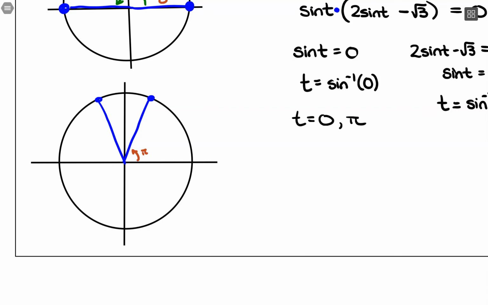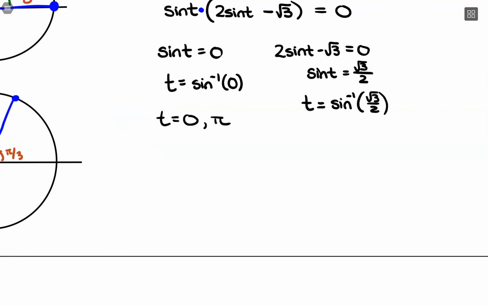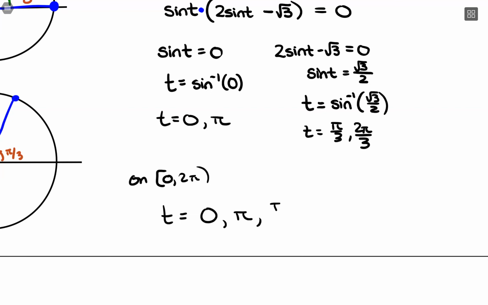So we have a pi over 3 and 2 pi over 3. All right, so t equals pi over 3 or 2 pi over 3. So on 0 to 2 pi, you can just list those out. We have a 0, we have pi over 3, and we have 2 pi over 3.